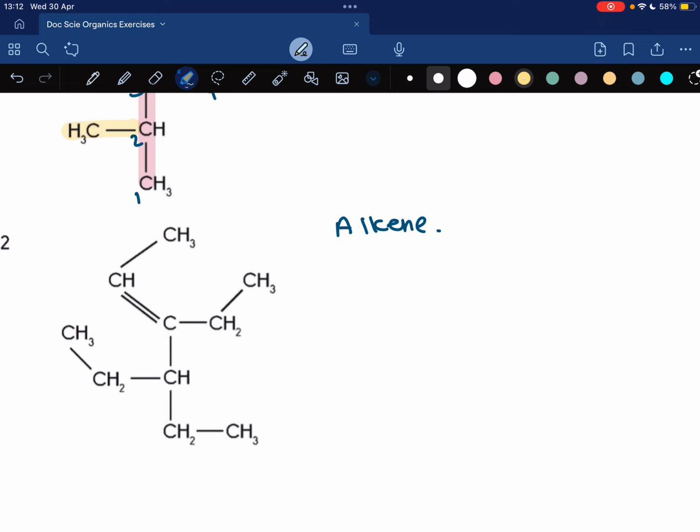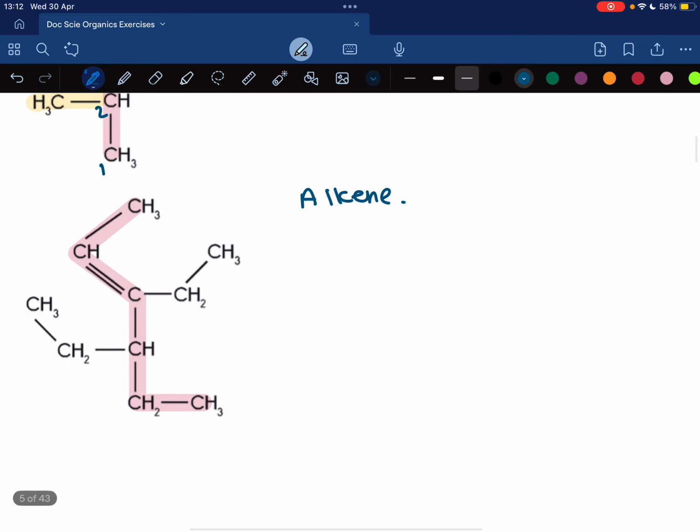So it'll be hexene. So we go 1, 2, 3, 4, 5, 6. Okay, you could also have gone this way. It will still give you the same answer. So let's number closest to the double bond. So we have 1, 2, 3, 4, 5, 6.